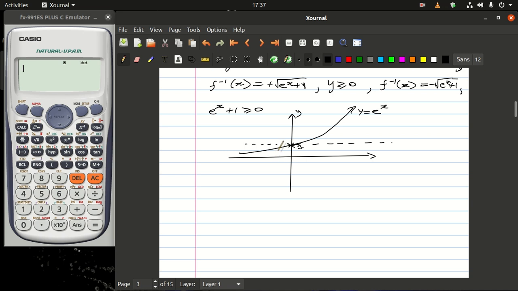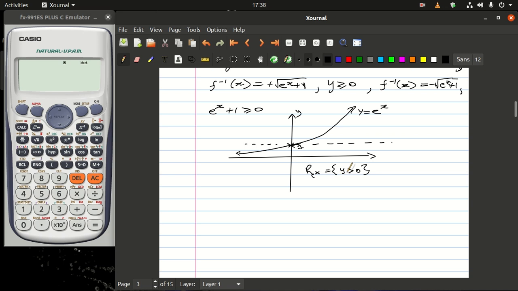Now, the question is, is it possible for this function to be negative? Because this is an exponential function that will never touch the axis, this one is always going to be bigger than 0. Or you can look at it this way: the range of e to the power x is just y greater than 0, because this curve will never touch the x-axis.